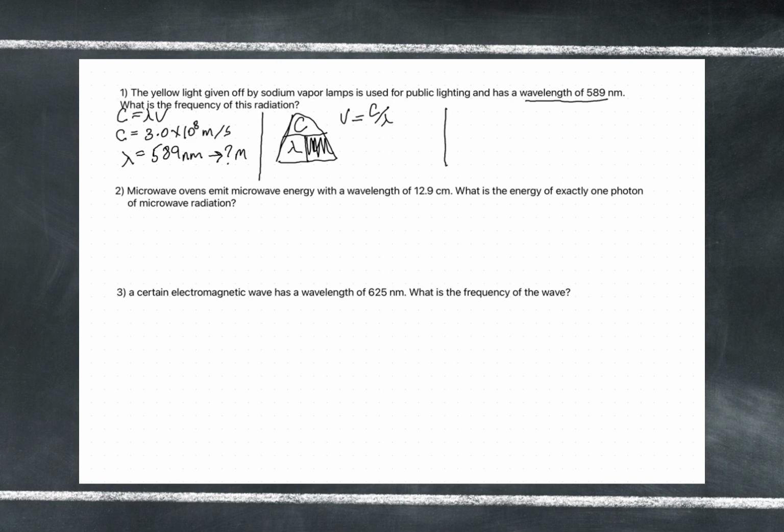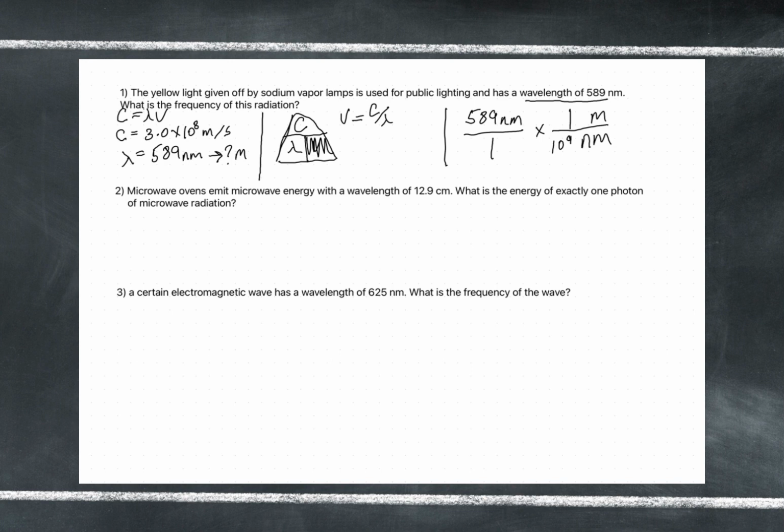So I'm going to make myself a little section here and get my 589 nanometers to meters. So I put 589 nanometers over 1. Then I'm going to convert that to meters. So meters, nanometers. 1 meter is 10 to the 9th nanometers.